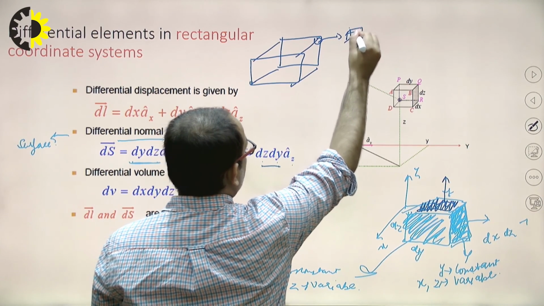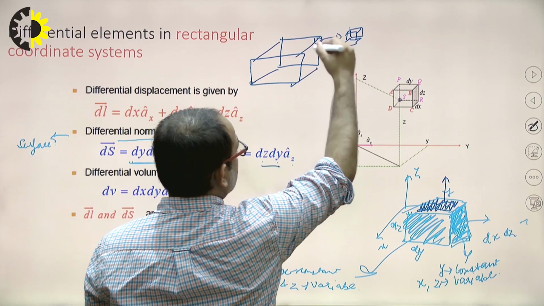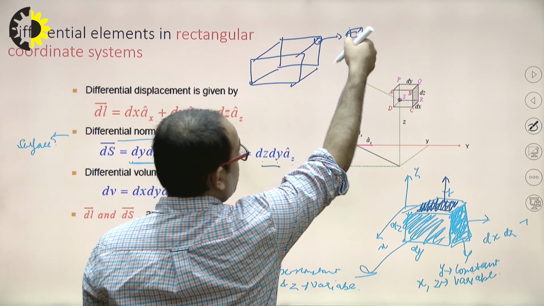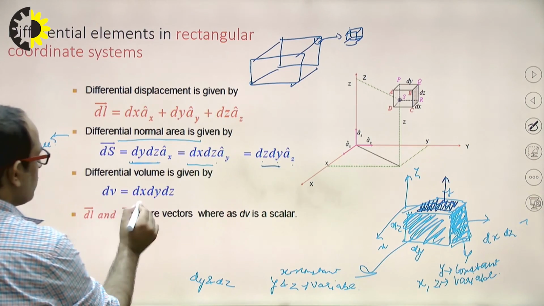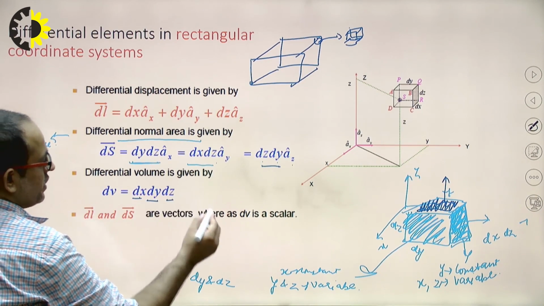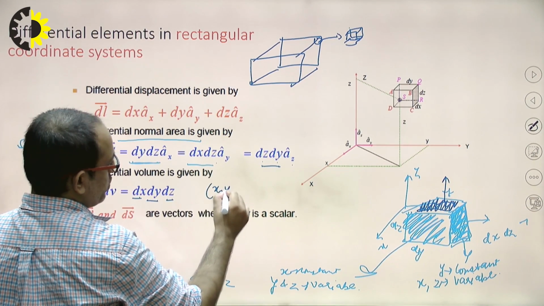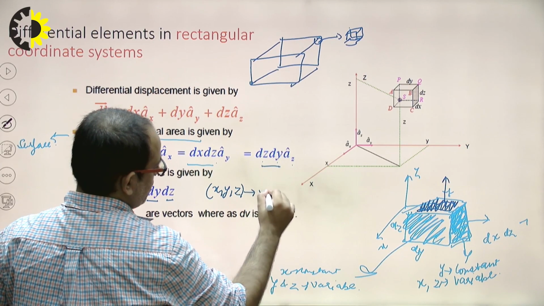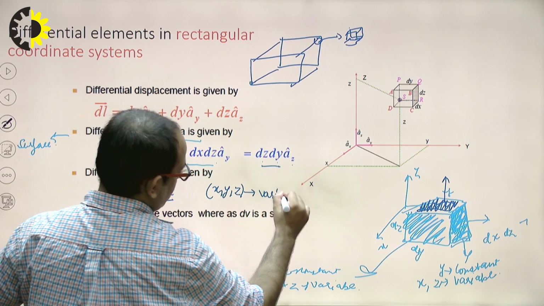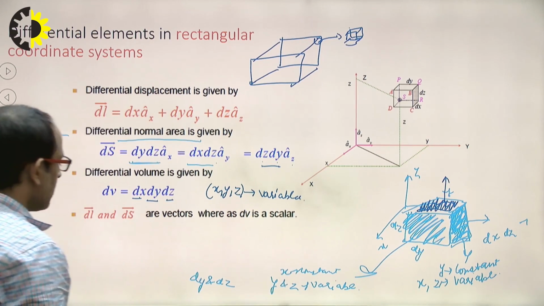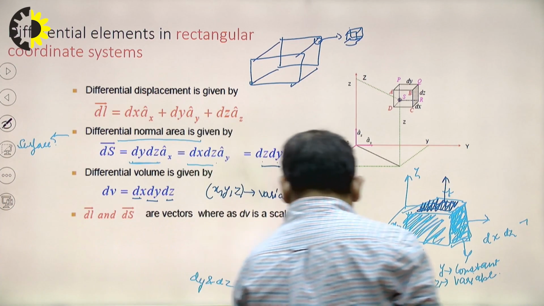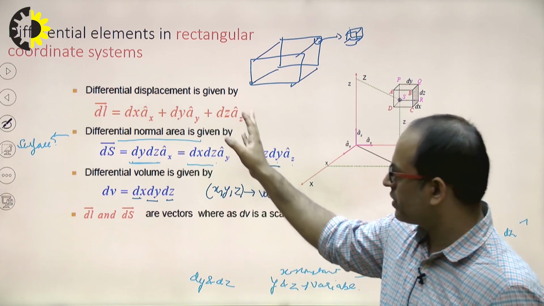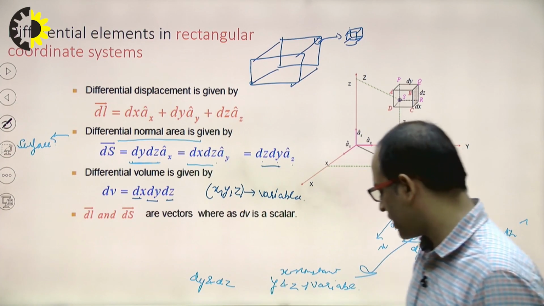Now if I want to calculate the small volume of this small cuboid, dV will be equal to dx dy dz, where x, y and z are all variables. Clear? dl and ds are vector quantities, their result will be a vector quantity, and dV will be a scalar quantity.